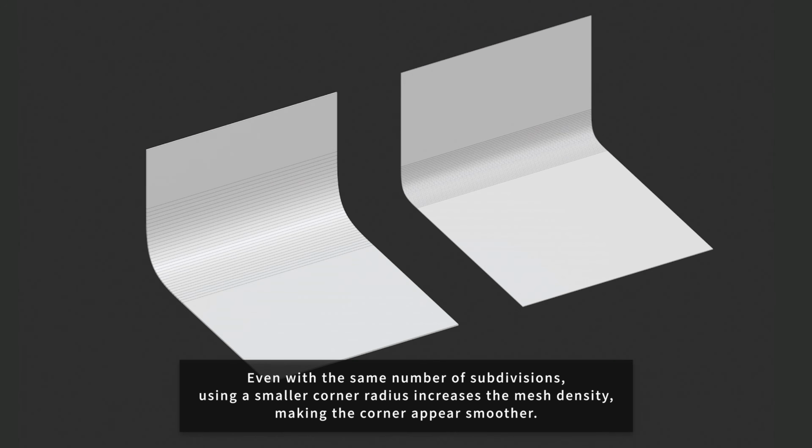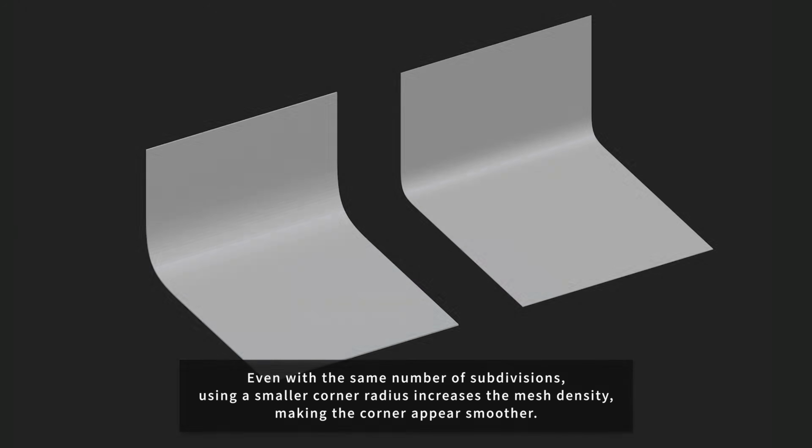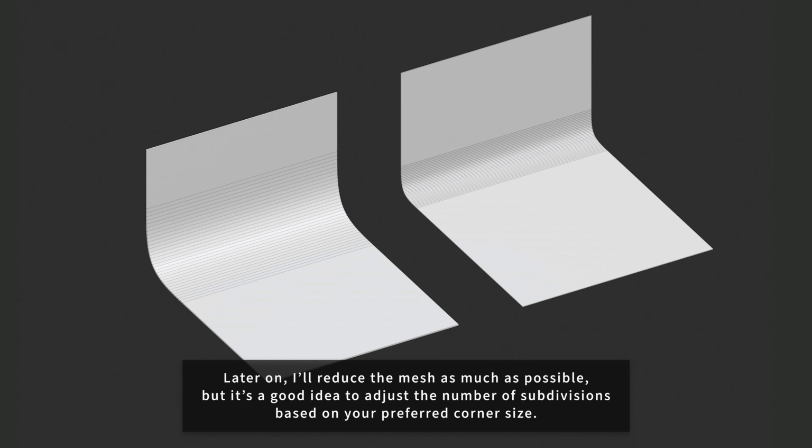Even with the same number of subdivisions, using a smaller corner radius increases the mesh density, making the corner appear smoother. Later on, I'll reduce the mesh as much as possible, but it's a good idea to adjust the number of subdivisions based on your preferred corner size.